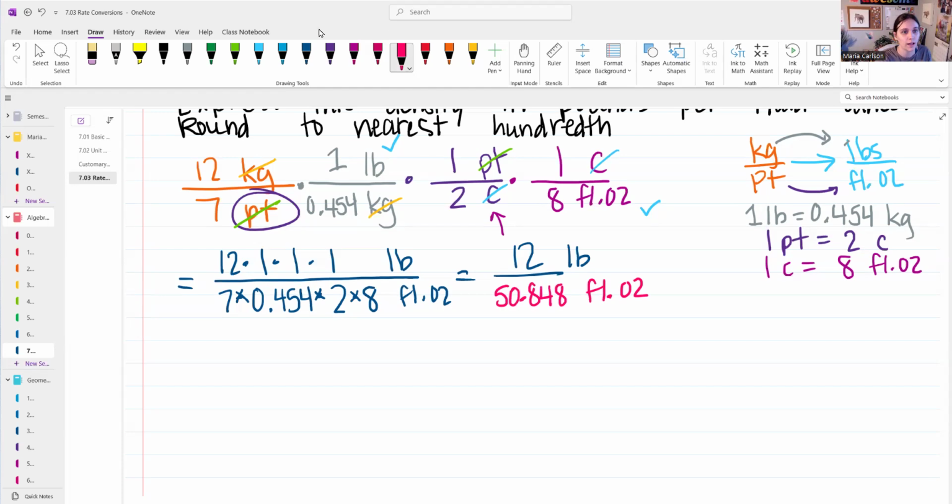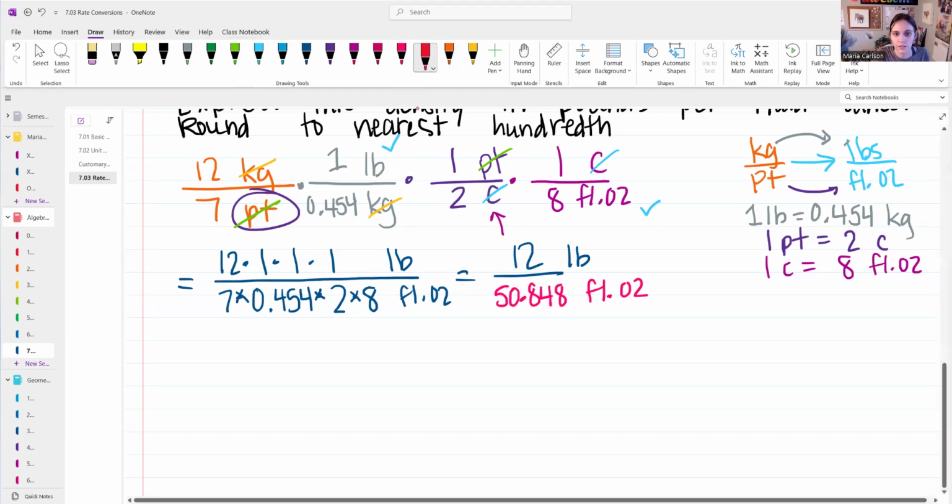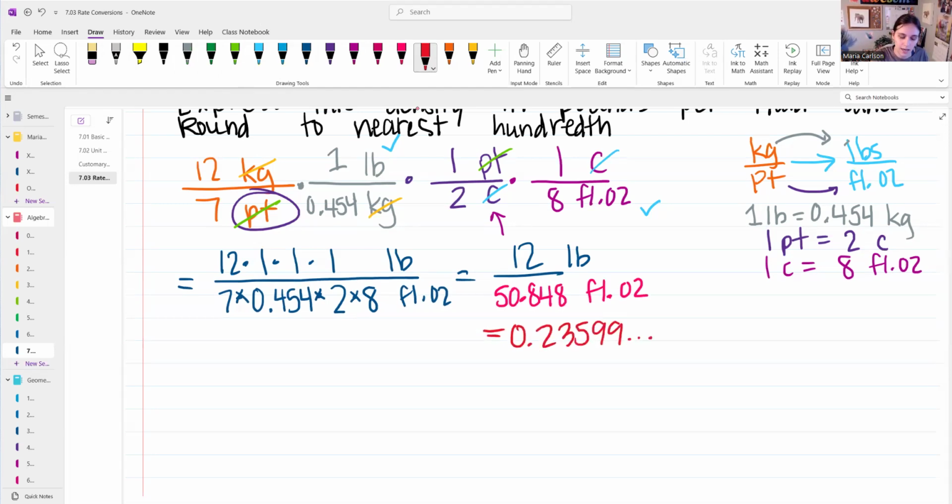Now we're not done yet because we obviously need to simplify this and finish dividing. So if I divide 12 by 50 and 848 thousandths, we get, let's see, what color do I want to use? Red. 0.23599 dot dot dot, which is approximately, rounding to the nearest hundredth, I want to look at the 3 that is currently in the hundredths place.